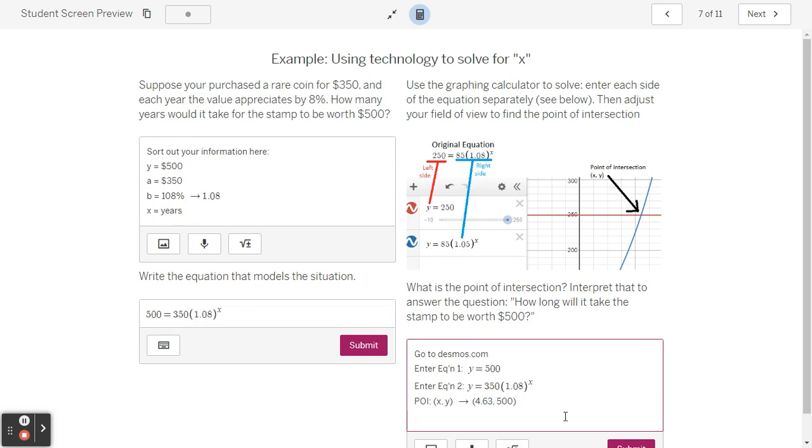X represents years, and we know that the stamp or the coin is worth $500 in 4.63 years. Now, sorry about that. I just realized that this question, the initial part says coins, the other part says stamps. I did mean the same item.